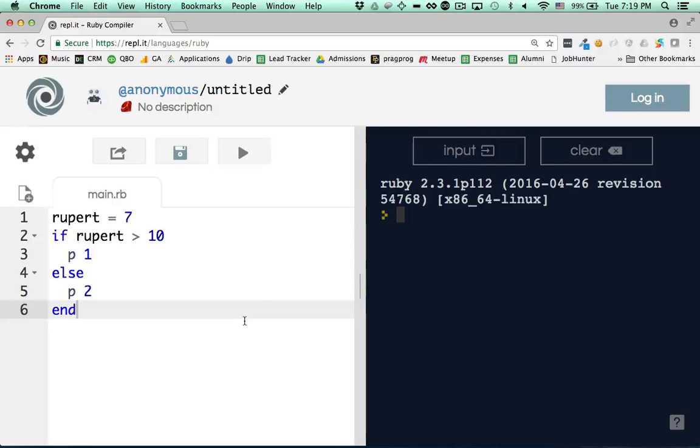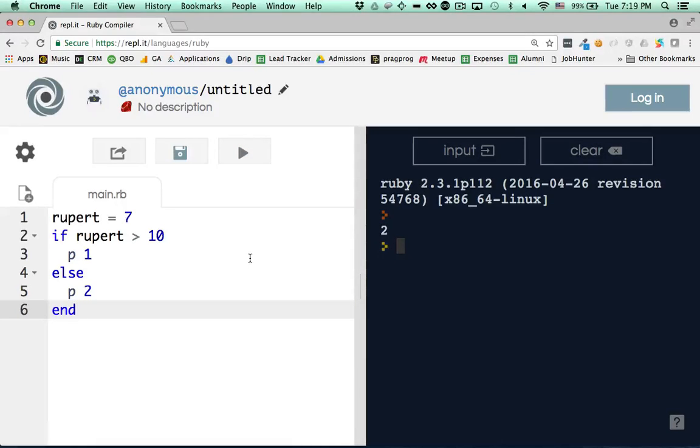If Rupert is greater than 10, it would print 1. Otherwise, it would print 2. So in this case, is Rupert greater than 10? No. So we'll print 2. Right, so Crystal is correct.